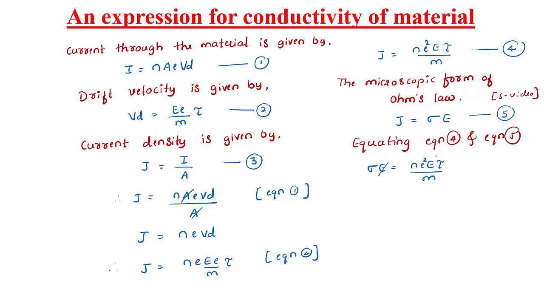Here E will get cancelled. So remaining is sigma equal to n e square tau divided by m. So sigma equal to n e square tau divided by m.